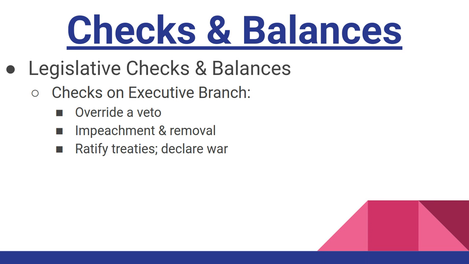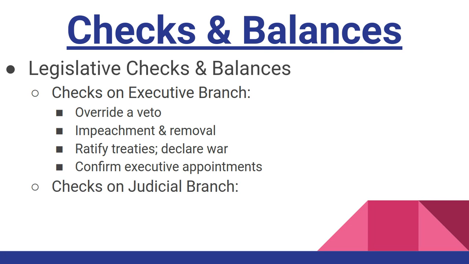The legislative branch also can ratify treaties and declare war. That limits the power of the executive branch, specifically the president. And they confirm appointments that the executive makes. So the president, for example, makes appointments for the Supreme Court. And the job of the Senate, the legislative branch, is to confirm and make those appointments official. That limits the power of the president.